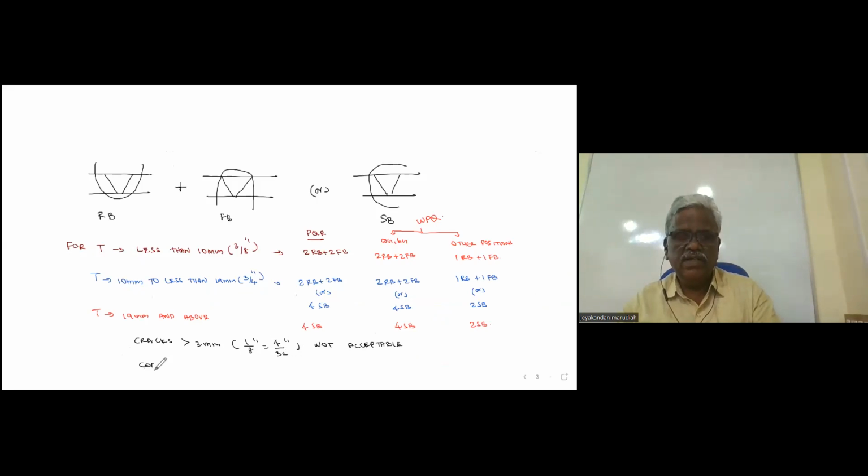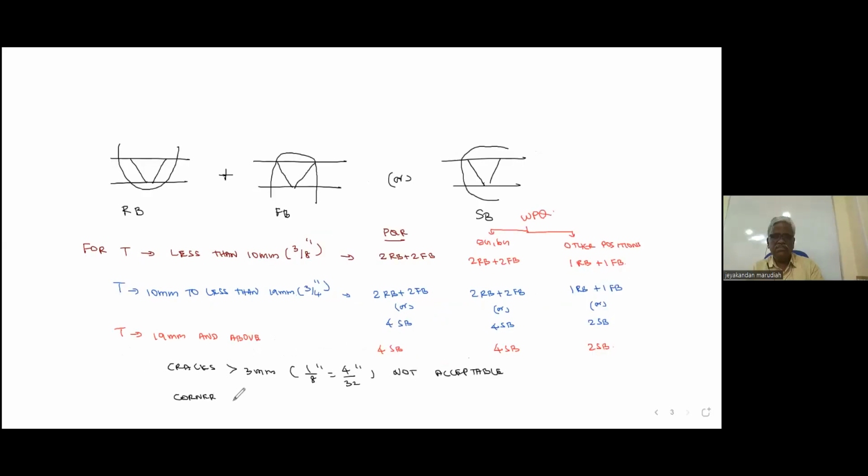Next condition is corner cracks without evidence of imperfection. Any length acceptable. Please write these things.